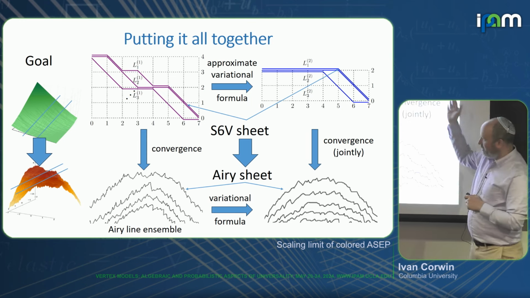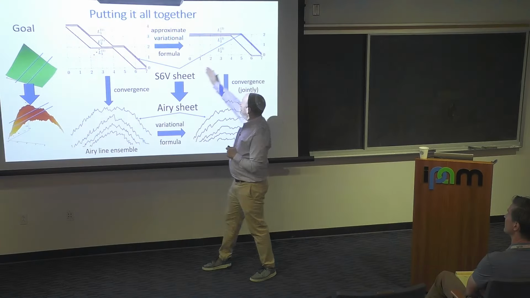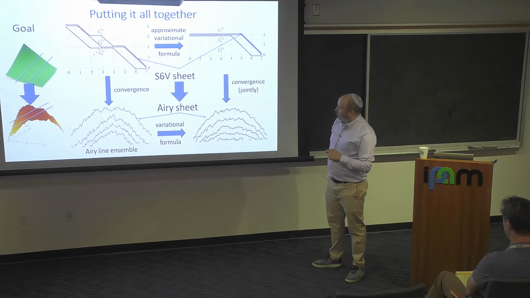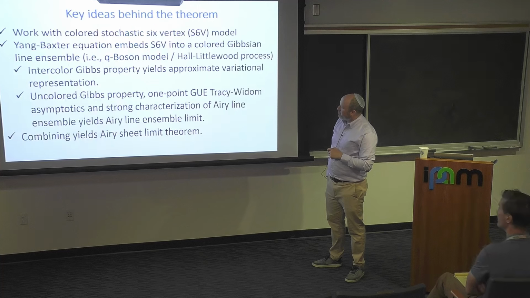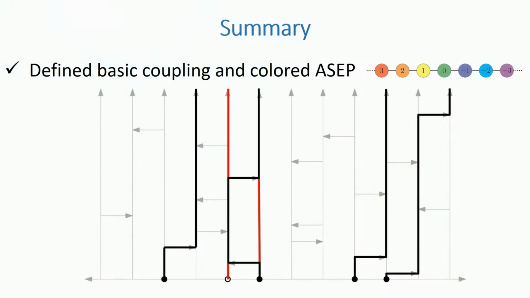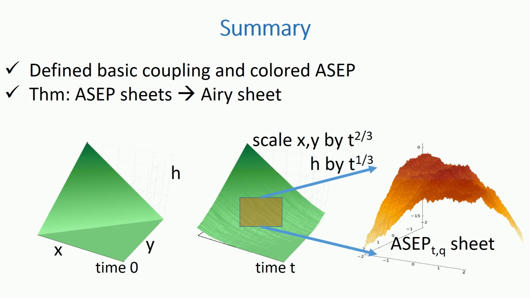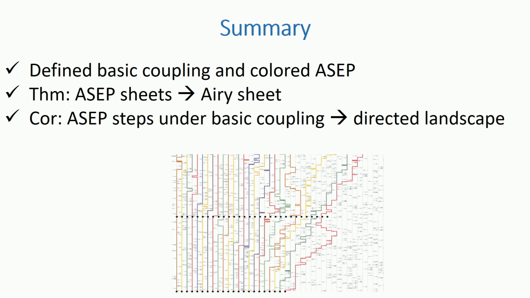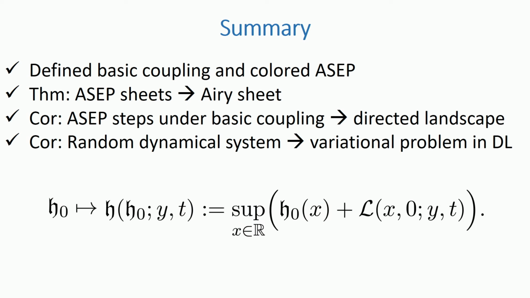And of course, if you had multiple slices, you would get a similar embedding of more colors into this picture. Okay, so just to summarize, we had the basic coupling of ASEP, and that gave rise to this colored ASEP. We had a theorem that said that the ASEP sheet, this fluctuation of the height function, converges to the Airy sheet. There are various corollaries. The ASEP steps under the basic coupling converge to the directed landscape.